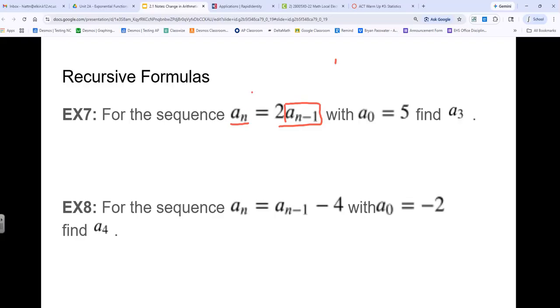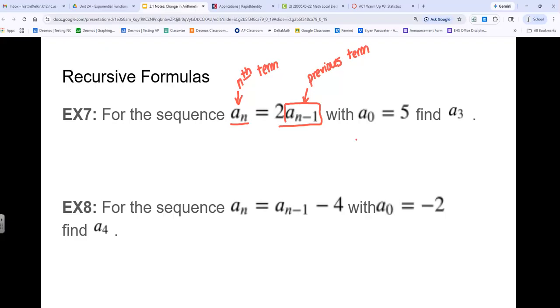Whenever we see a sub n, we know this is the nth term. A sub n minus 1 is the previous term. Now, when you see these, you could just plug in a 3, but it will not get you anywhere. You won't know what to do, right?